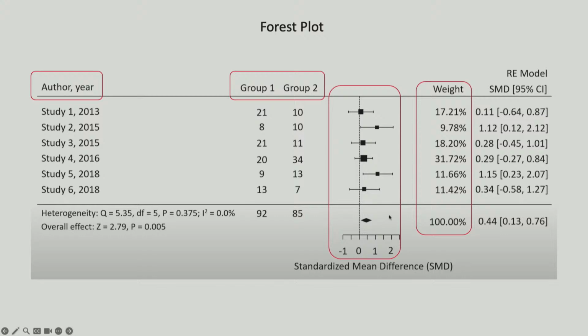This diamond is completely to one side of the line of no effect, which is this straight line. If the diamond is on one side but the corners still overlap with this line, that means that probably there is no significant difference between the two groups.